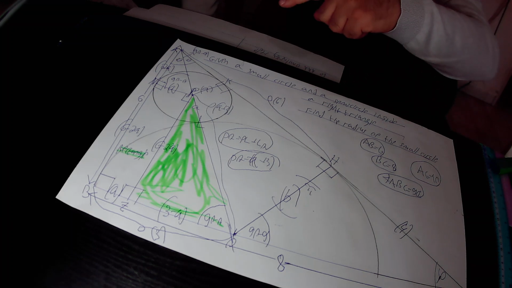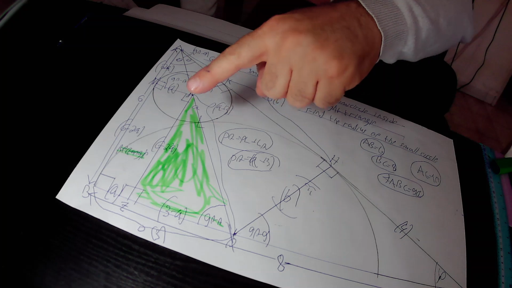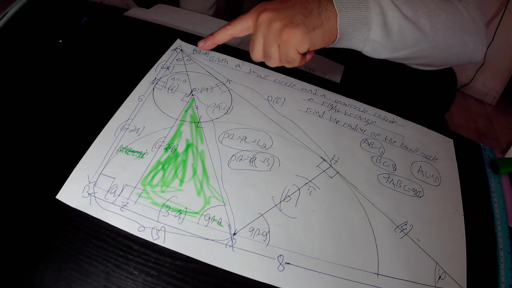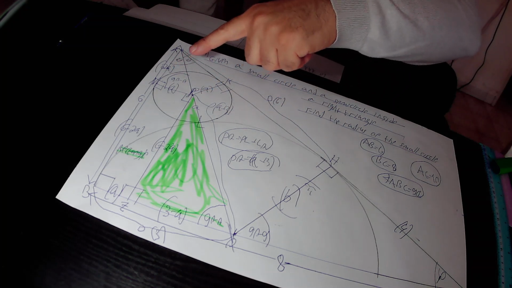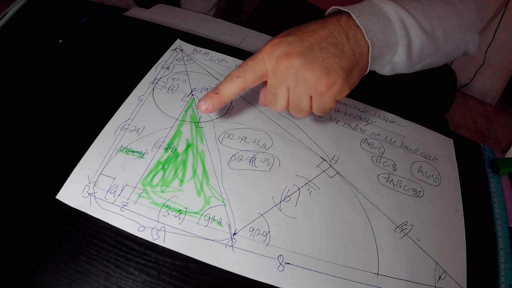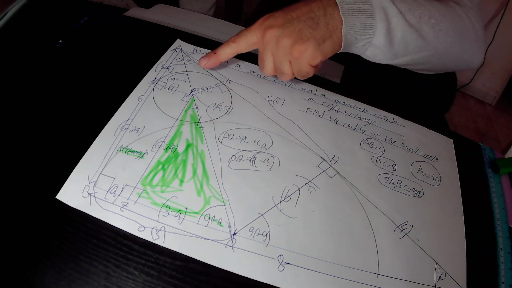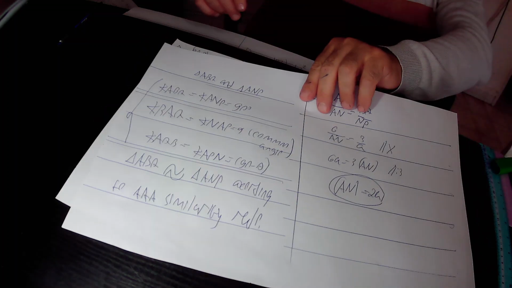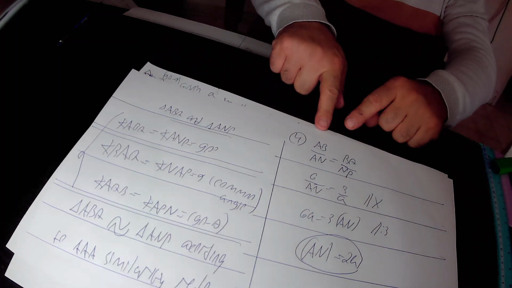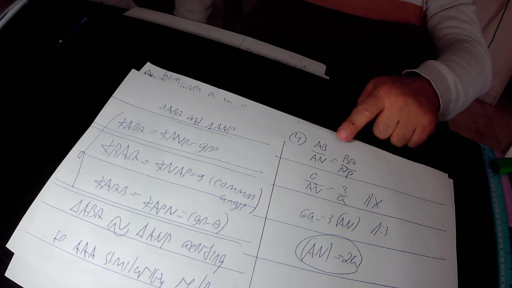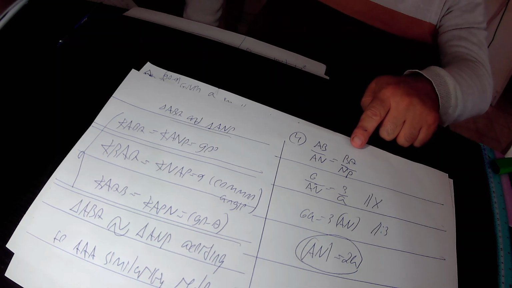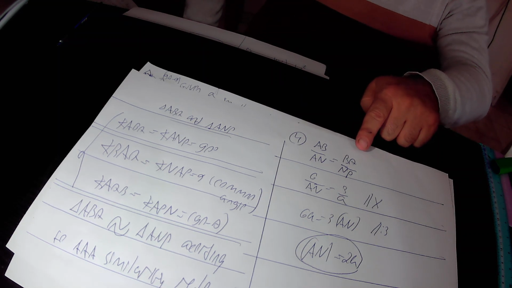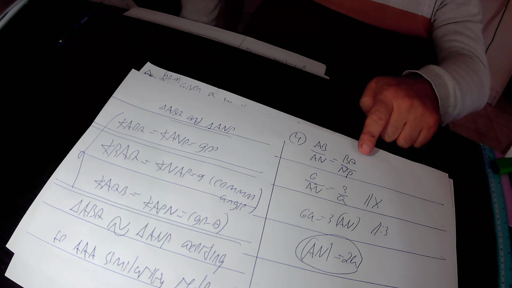We derive that side AB of the big right triangle ABQ over side AN of the small right triangle ANP equals side BQ of the big right triangle ABQ over side NP of the small right triangle ANP.